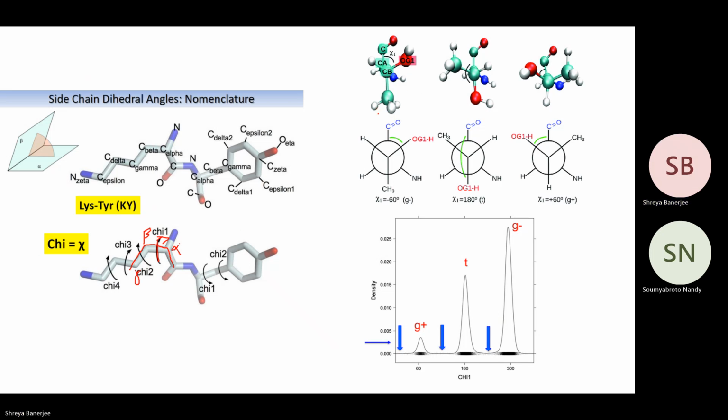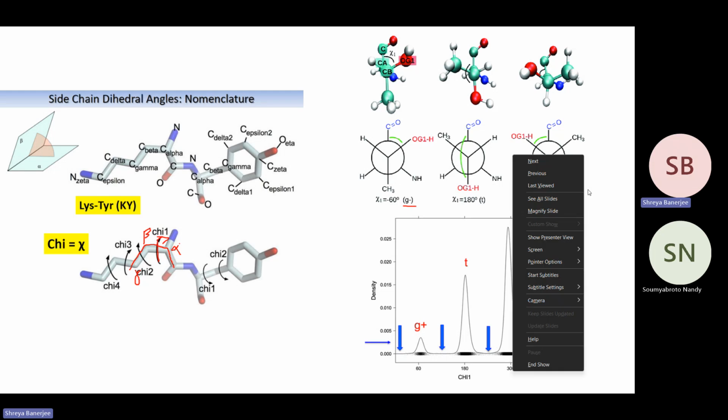And here you can see three orientations of the chi dihedral angle. One is called G minus. In G minus, the CO and the side chain substituents are close to each other. And then there is T. In T, the CO and side chain substituents are opposite to each other.